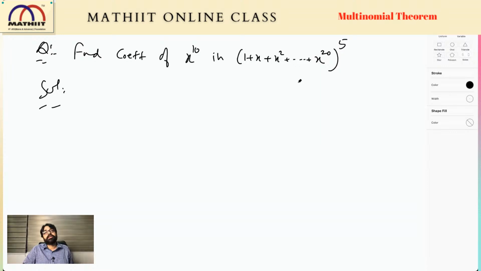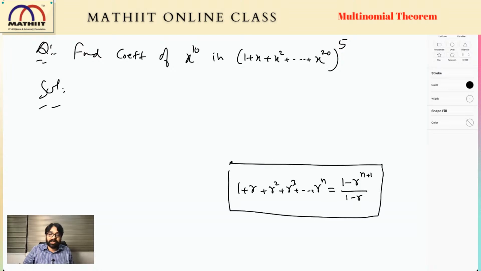How do you know, sir, that this is a GP? Because the next term comes by multiplying the previous term by x. See, this is a GP. Remember this formula, everybody. Every time I'm going to use it throughout permutation. For those who do not know sequence and series: 1 plus r plus r square plus r cube and so on till r power n is always equal to 1 minus r power n plus 1, with the number of terms n plus 1, divided by 1 minus r.